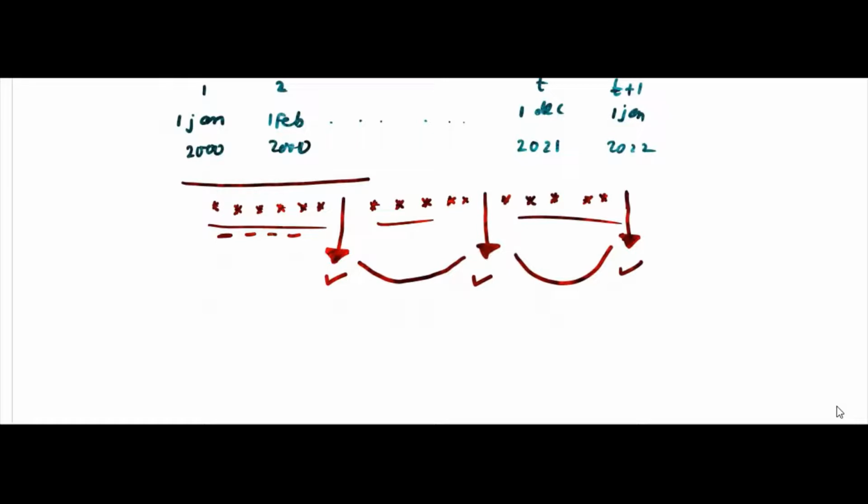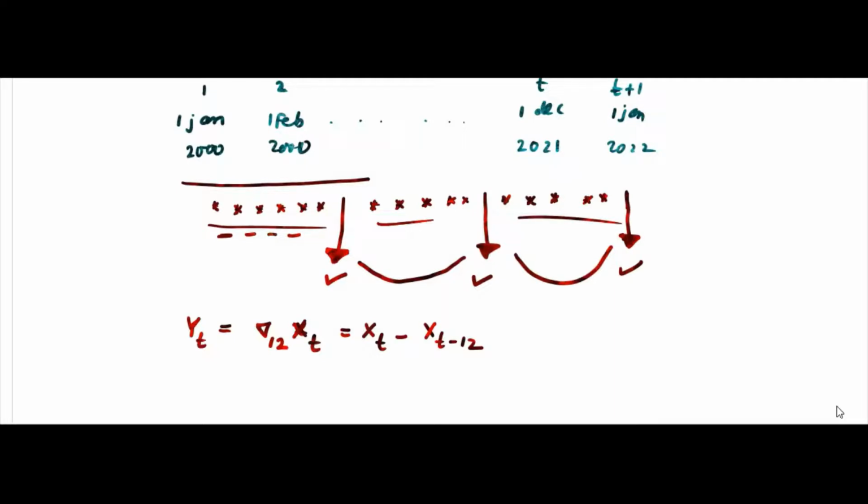Here our new data, suppose our new data is yt, we write yt = delta 12 xt. That is actually xt minus xt-12.